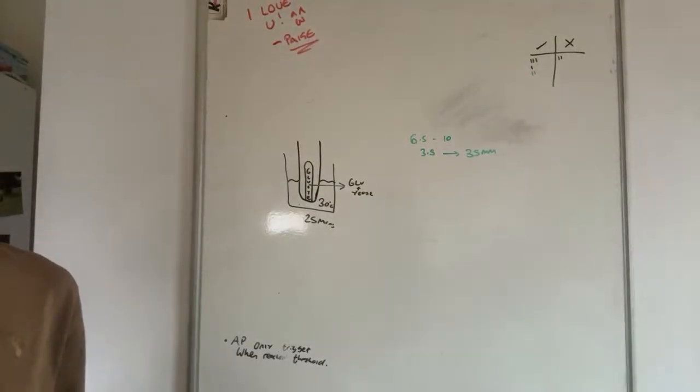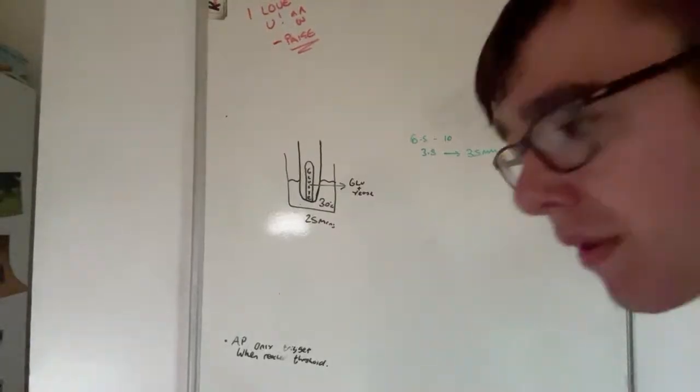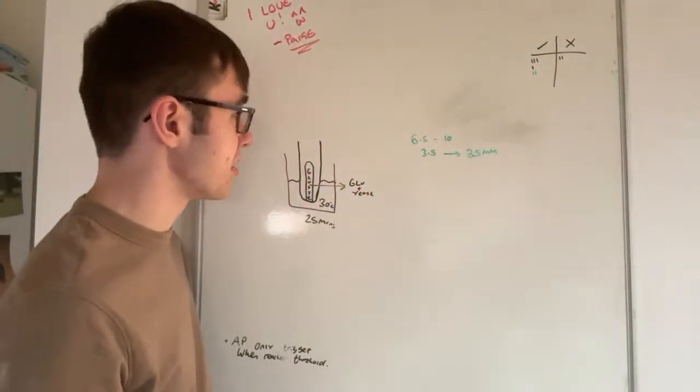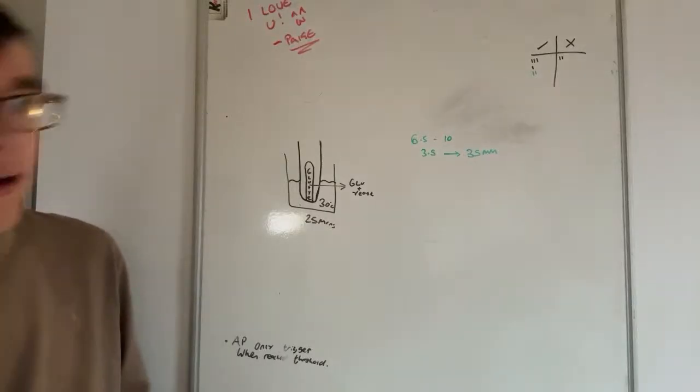Oh, one sec. Okay. So that is 35 millimeters produced in 25 minutes.